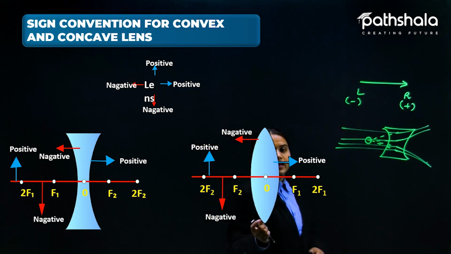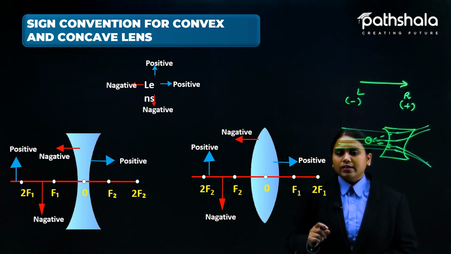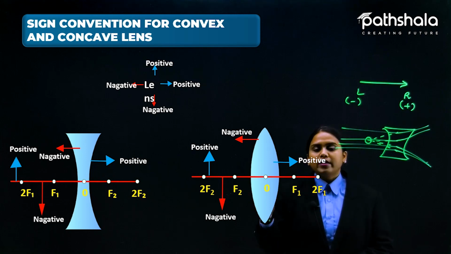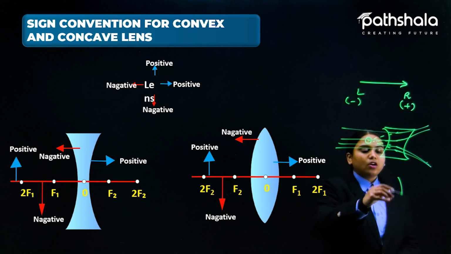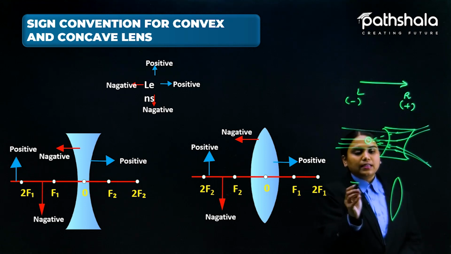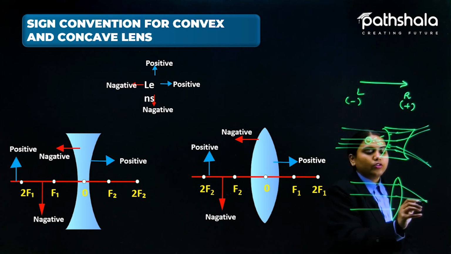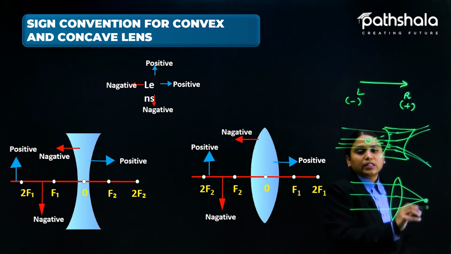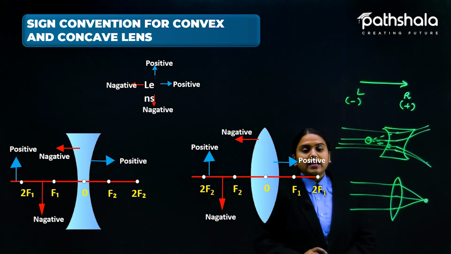Here in this case, this is convex lens, as you remember. So optical center, and all the rays in case of convex lens are coming like this, parallel to each other, and after refraction are going to meet at a point. So this point here is the position where all the rays are going to meet.